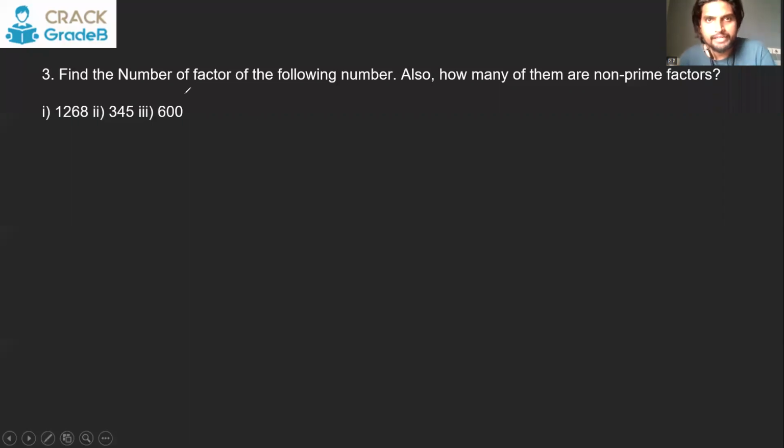We are to find the number of factors of the following numbers. Also, how many of them are non-prime factors? So 1268. The prime factorized form will be, it is divisible by 4, so 4 times 317.